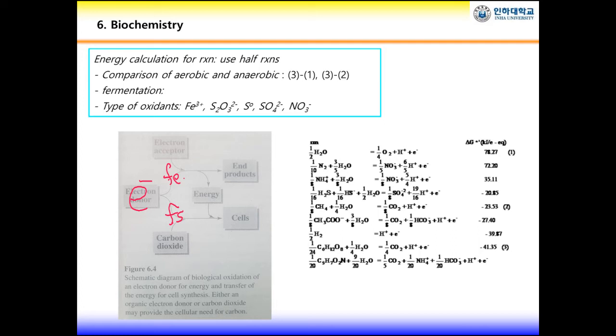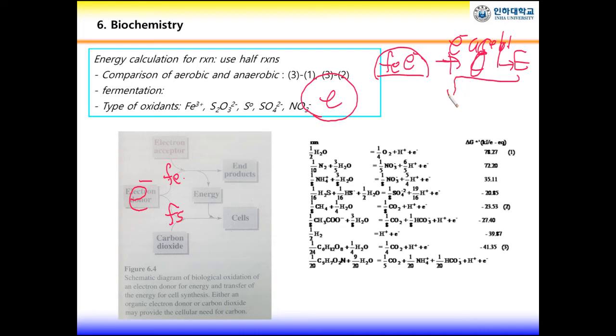Then we can imagine that about this donor, fe of the electrons goes for energy generation. This needs an oxidizing agent, an electron acceptor. Then it will produce energy, and the remaining amount of electrons is used for the cell.